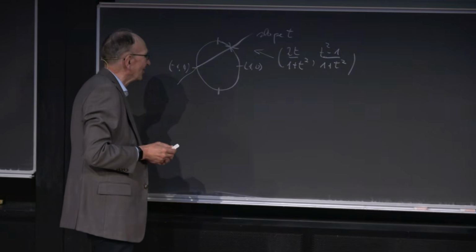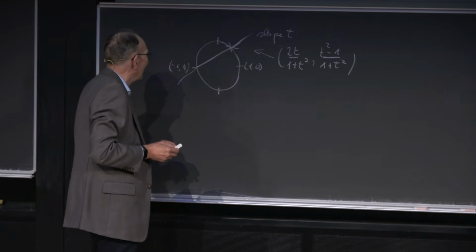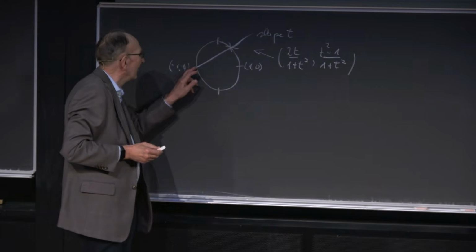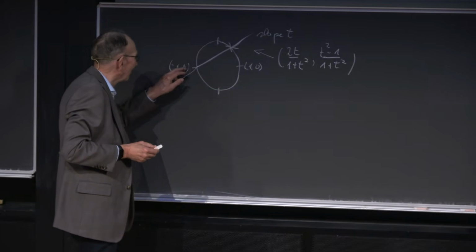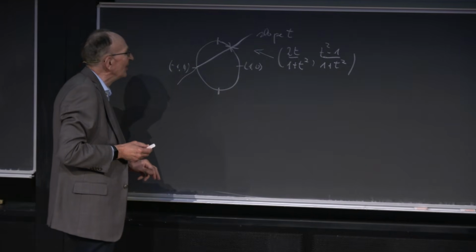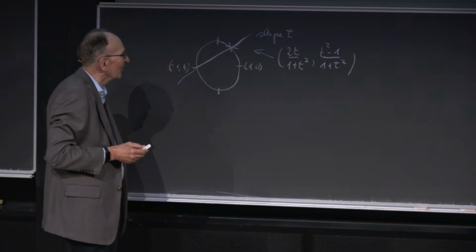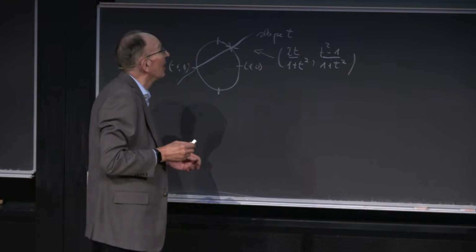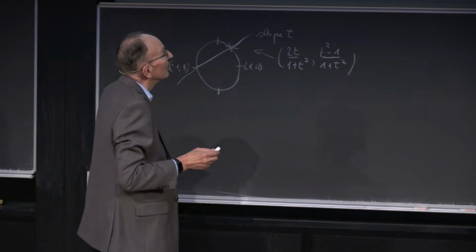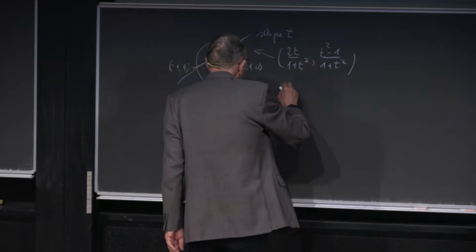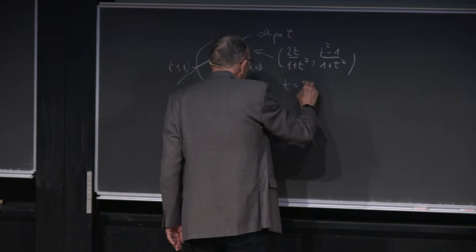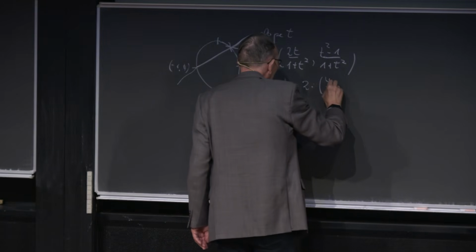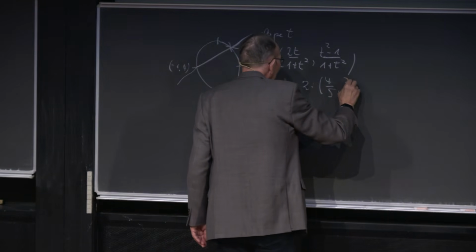And there are some degenerate cases. If t would be infinity, you would have a tangent here, and then you would have this point counted twice. Well, okay. And so for the circle, you can parameterize all points. And for example, for t equal 2, you get 4/5 and 3/5.